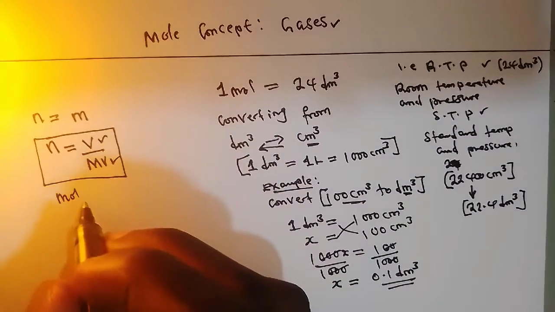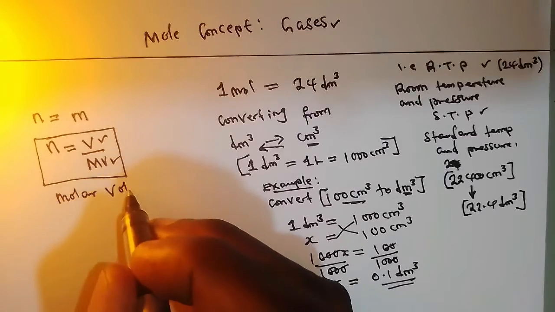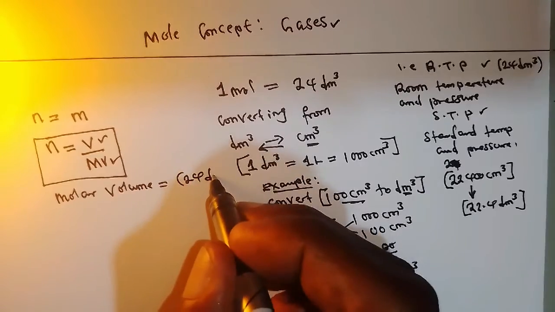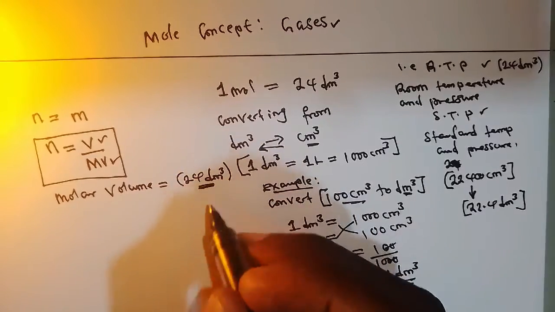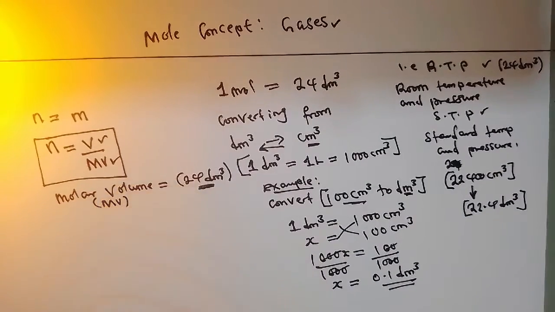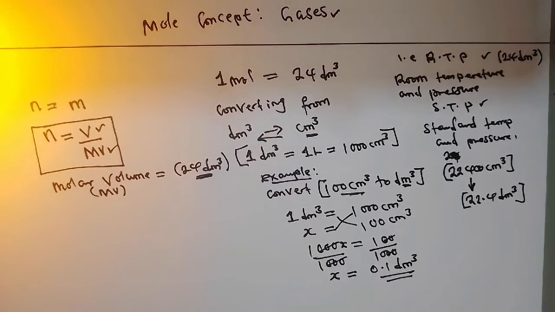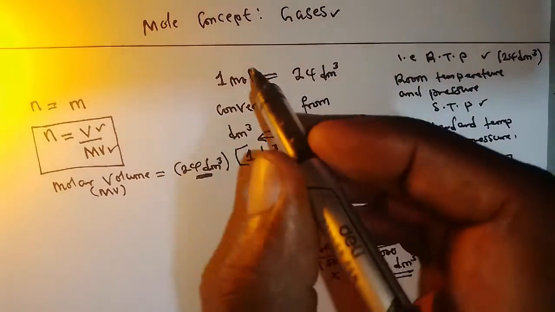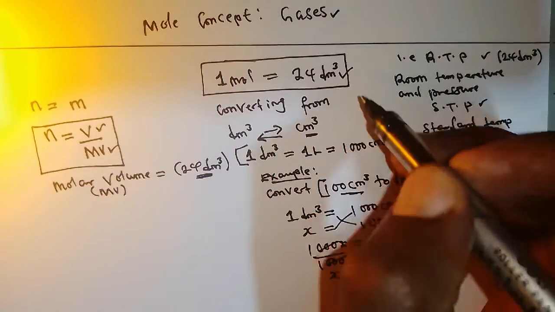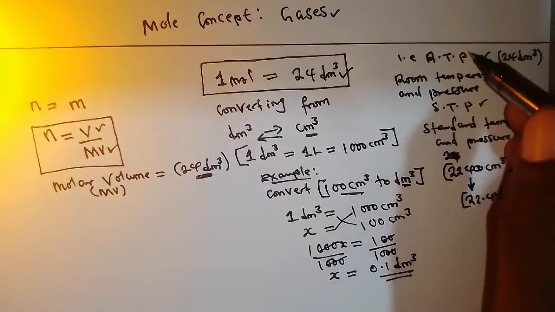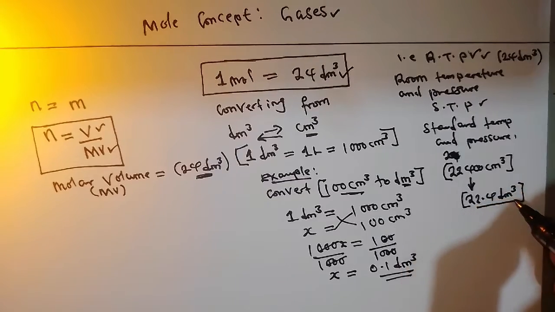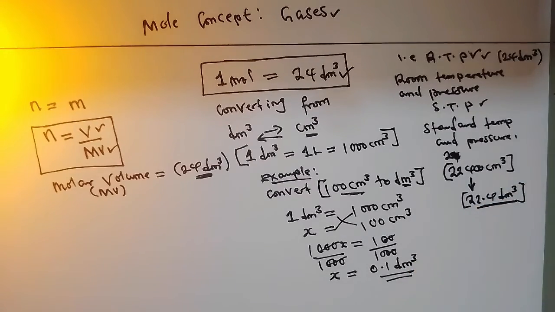The molar volume is 24. So you must understand 1 mole of any gas is going to occupy this amount of volume at RTP, and at STP is going to occupy this 2.4 decimeter cubic.